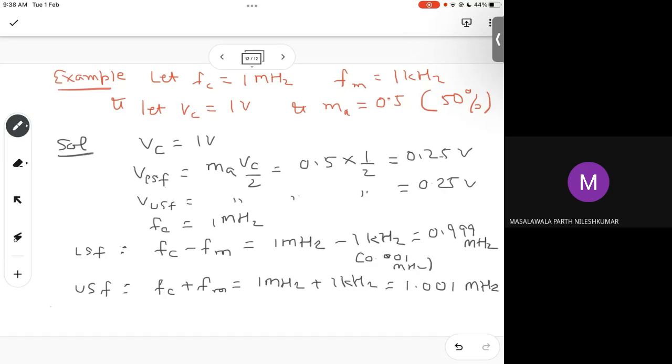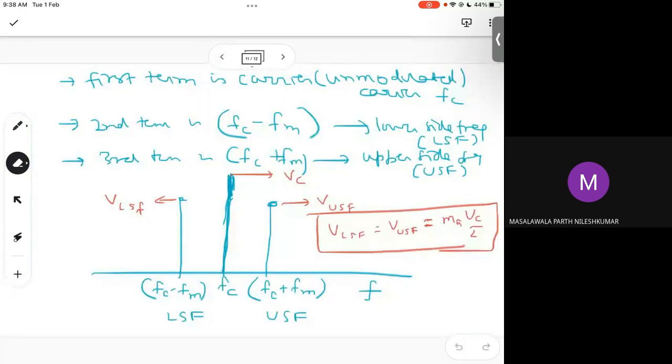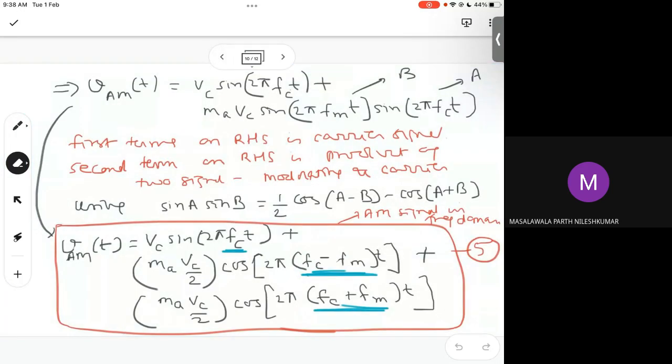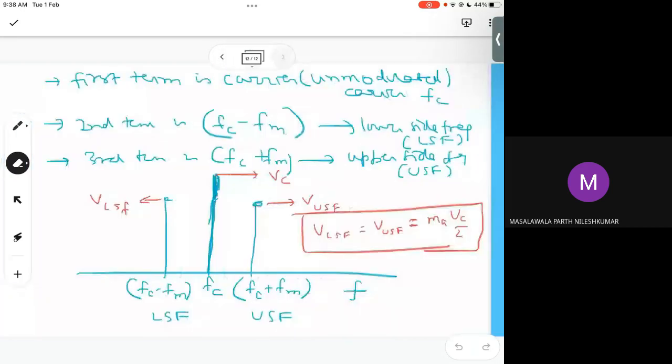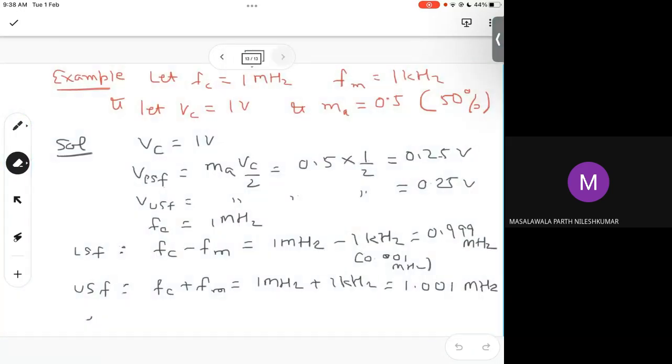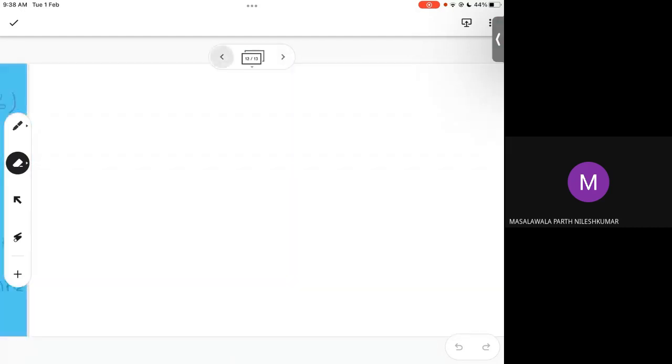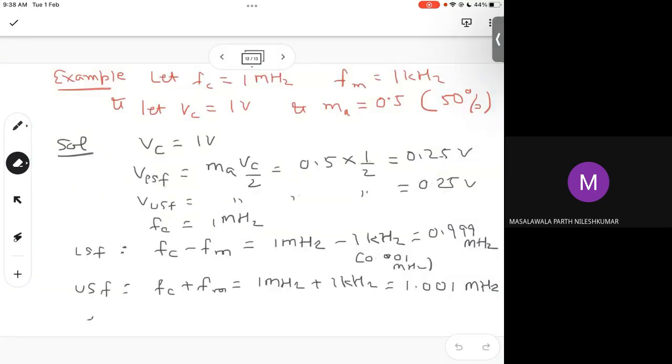So for this case, I could write my expression for the AM wave by using the equation we got, which I mentioned as equation number 5. My AM wave will look like this.